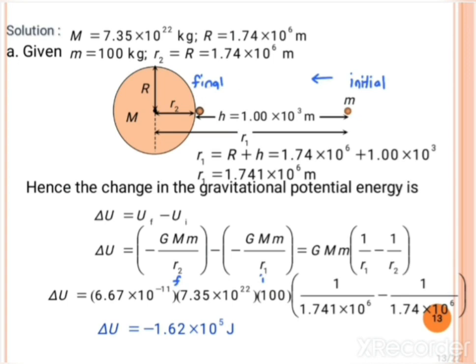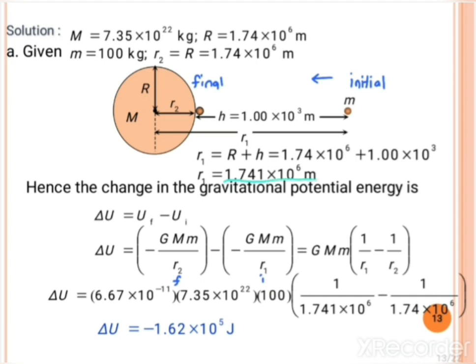So the final position is at the moon surface. So R final equal to radius of moon. Now we need to find R initial, also R1. R1 equal to radius of moon plus altitude, equal to 1.741 times 10 power of 6 meter.